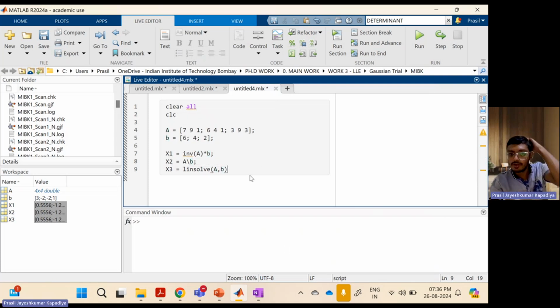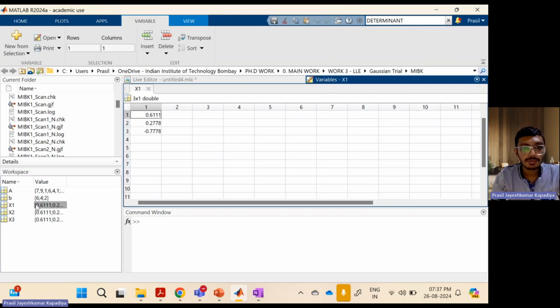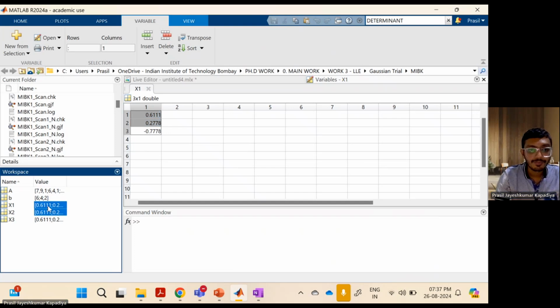I have used all three methods, and let's see what result we are getting. My answers are 0.611.